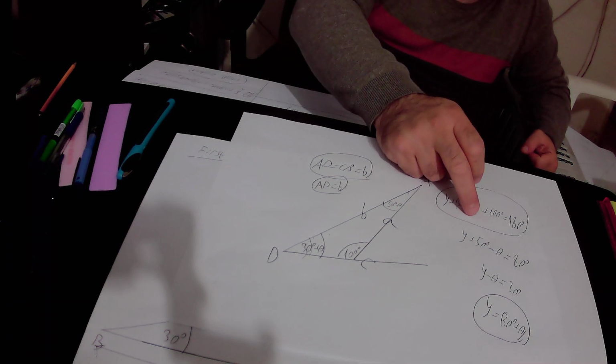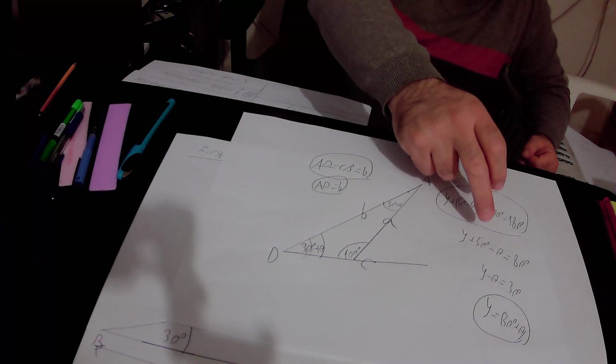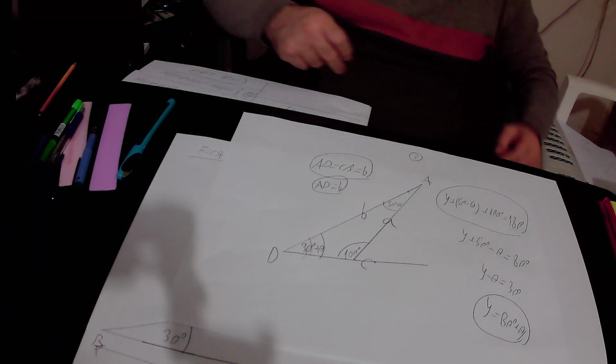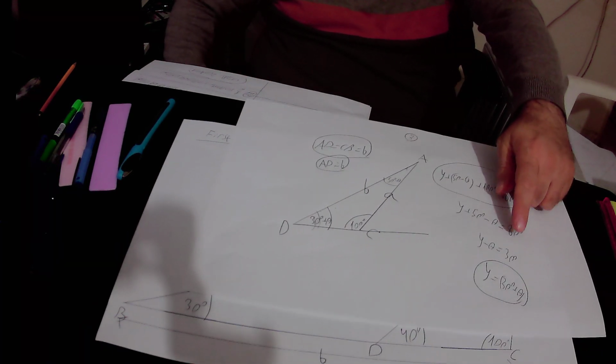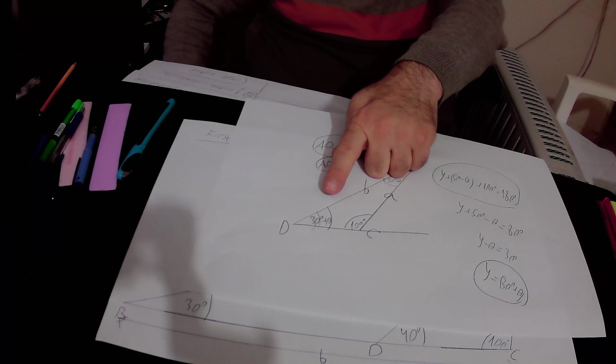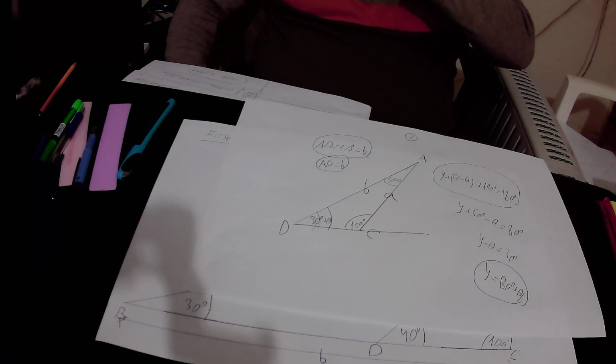Then we subtracted 50 degrees from this equation, and we got that y minus theta equals 80 degrees minus 50 degrees, which is 30 degrees. We added theta to this equation, and we found out that angle y, the angle that we are looking for, equals 30 degrees plus theta. Okay?